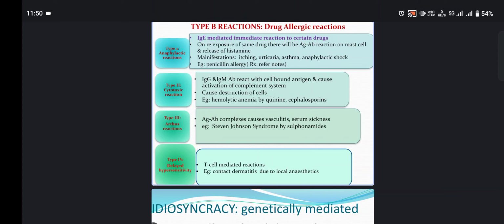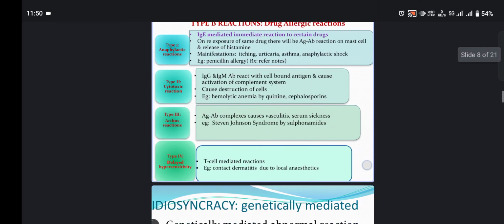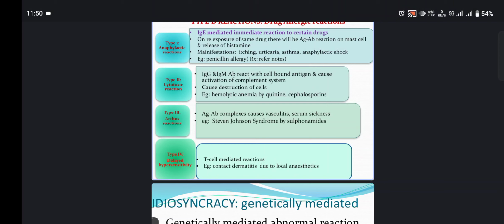In anaphylactic reactions, IgE is the antibody that responds. On re-exposure to the same drug, there will be an antigen antibody reaction on the mast cell and release of histamine will occur.